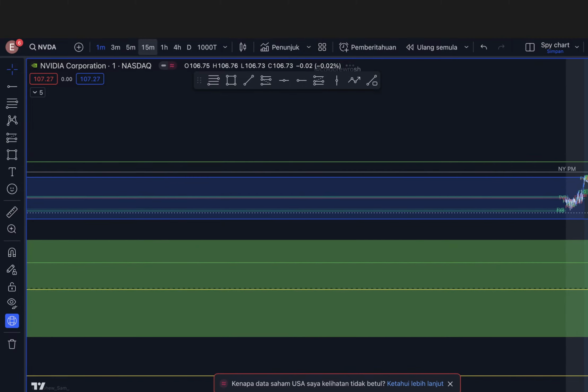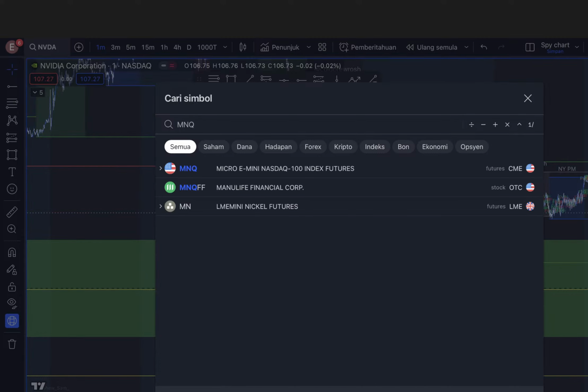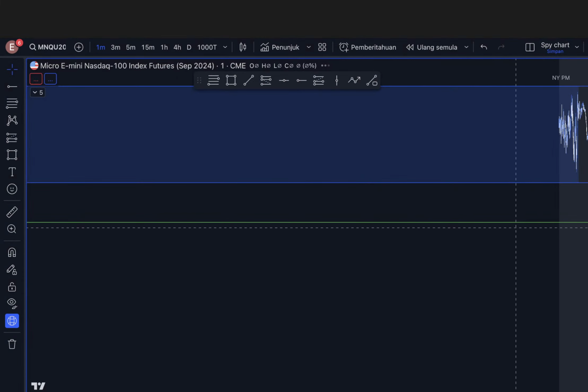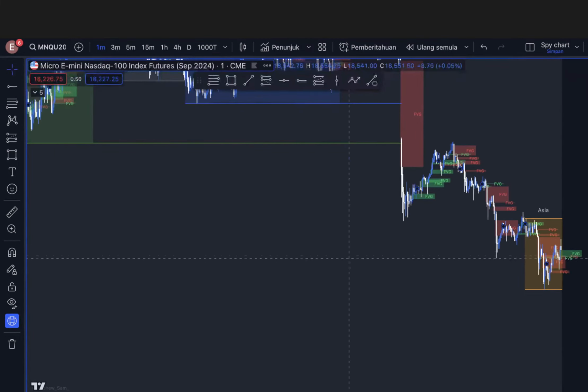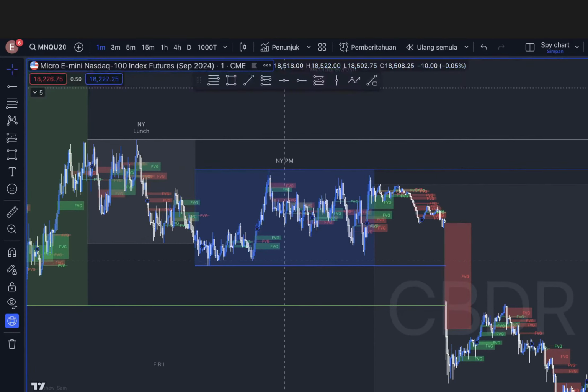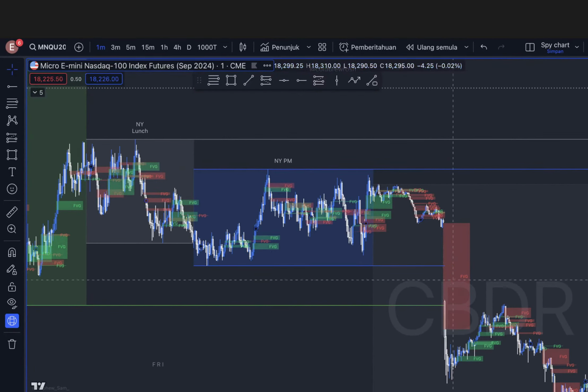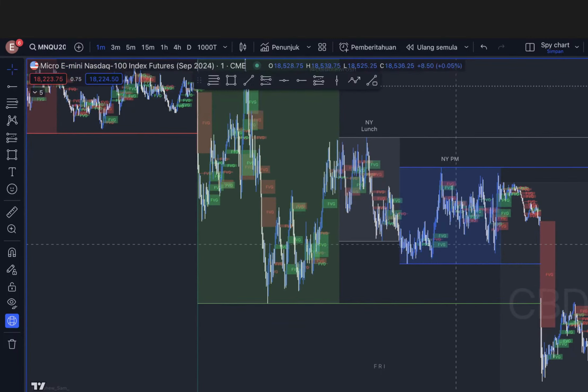I mean, this is NVIDIA, so it's not going to show far back like that because the company's charts are weird. But yeah, see, it shows me like the Asian session and London session, and then I can target like this, and it really just shows you the sessions, like New York PM, and it marks it.